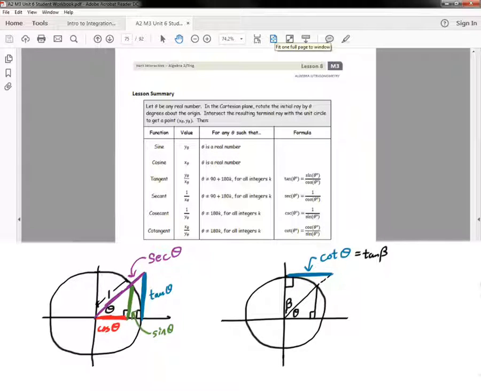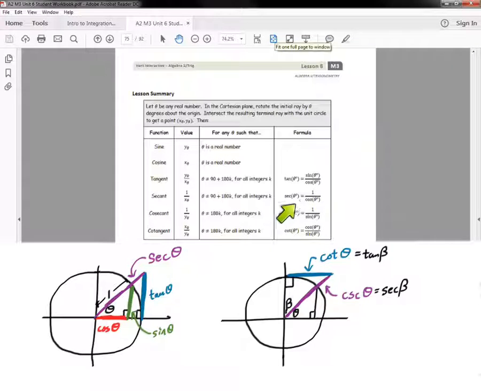The last line is going to be purple again, and this line is similar to a line on our other one. Which line is it similar to? Similar to the secant line. This line is cosecant of theta, which is also the same as secant of beta.